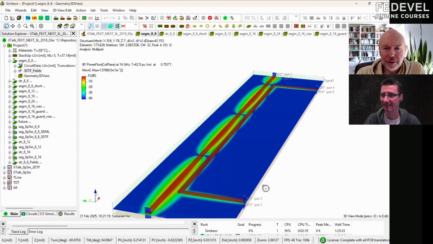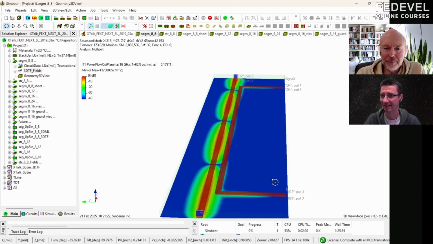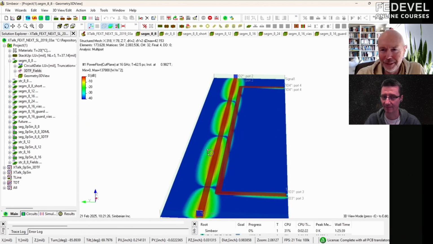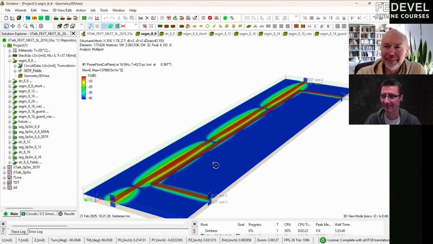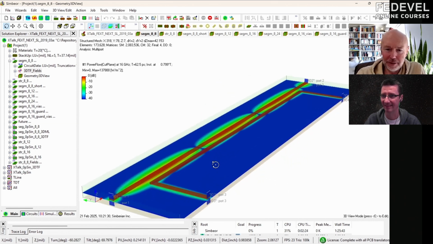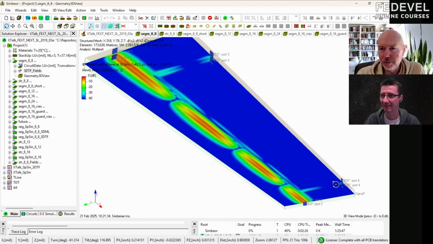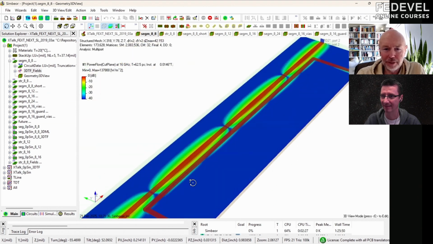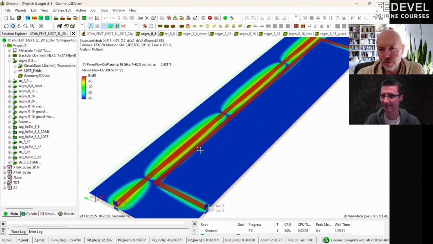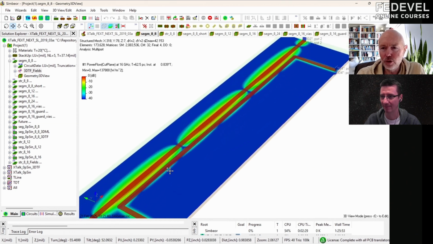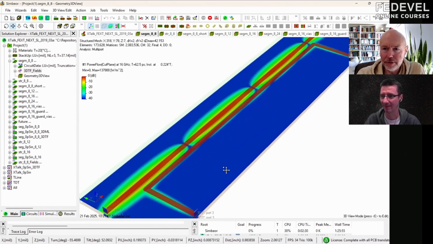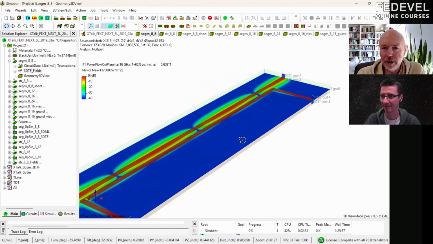Exactly. So basically this trace violated the signal space, so to say, and the consequence is near crosstalk and far crosstalk. Crosstalk on the end that is close to the source of the aggressor signal, and this is the other end.